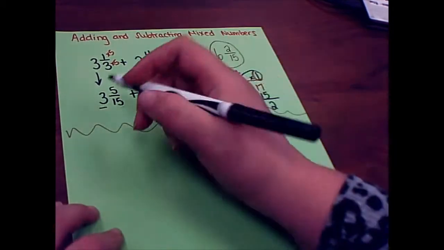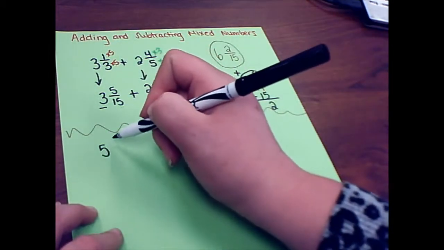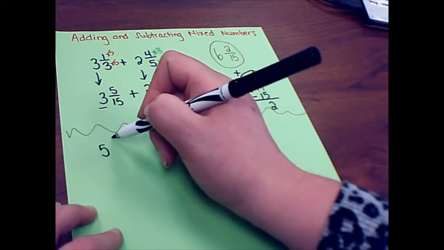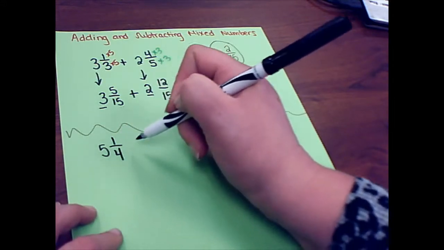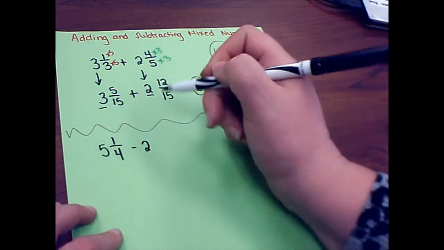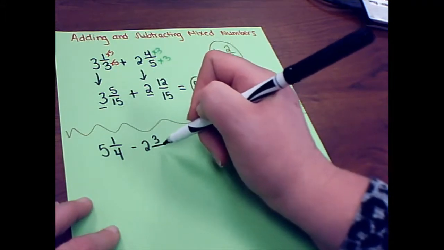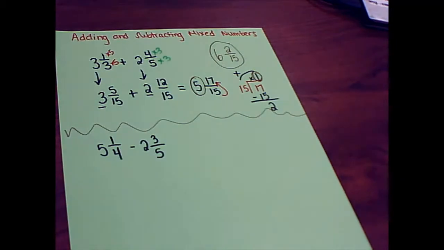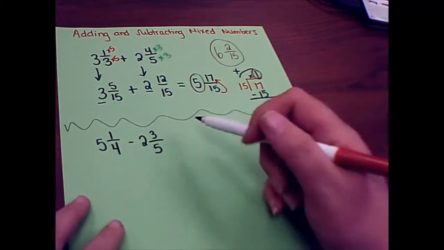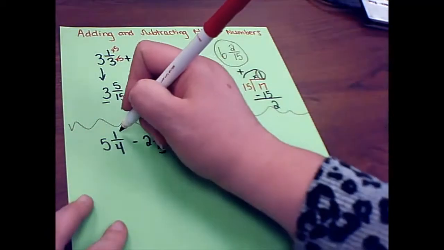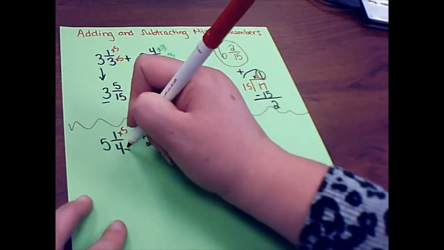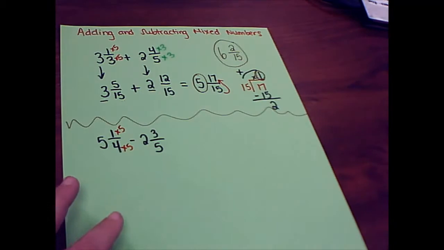Let's try 5 1/4 minus 2 3/5. Okay, let's see what happens here. I have to get my denominators the same, so I'm going to multiply by 5, multiply by 5.